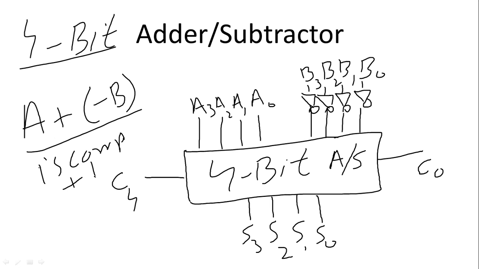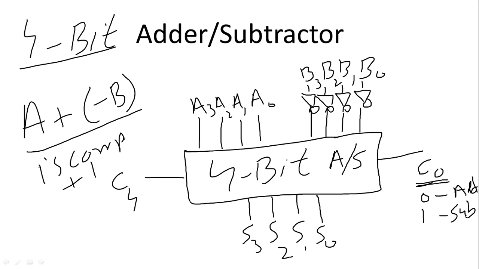For that purpose we will use our carry 0. For addition, carry is 0, and for subtraction we can update this carry to 1. So 0 is for add, and 1 is for subtraction.